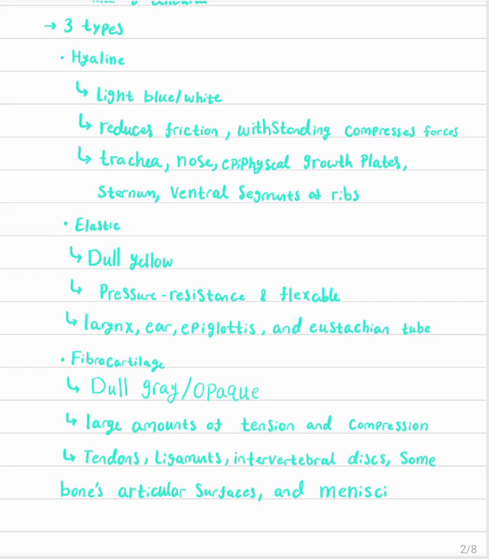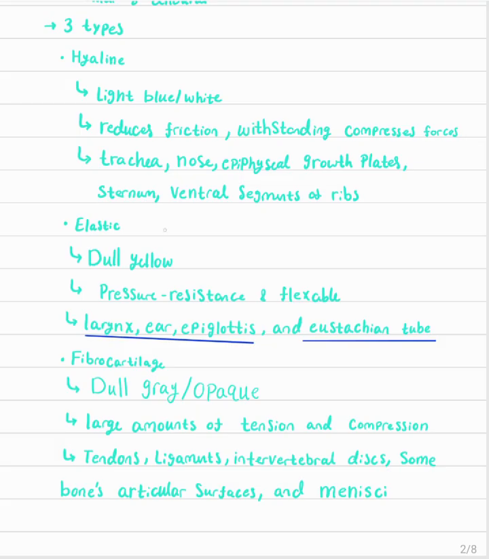Next, you have elastic cartilage, which is going to be dull yellow, pressure resistant, and flexible. So this is going to be places like your ears, epiglottis and larynx, and even the eustachian tube, which is the tube that's from your oral passageway, nasal passageway to your ear.